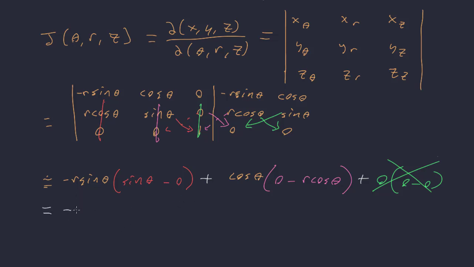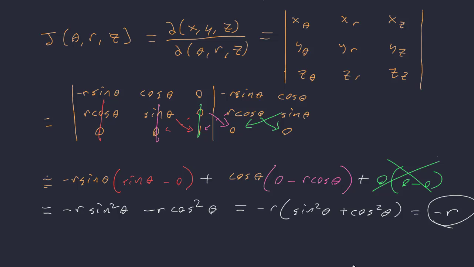We'll get negative r sine squared theta minus r cosine squared theta. Okay, so this comes out to be negative r times sine squared theta plus cosine squared theta, which is negative r. Okay, so that's our Jacobian.